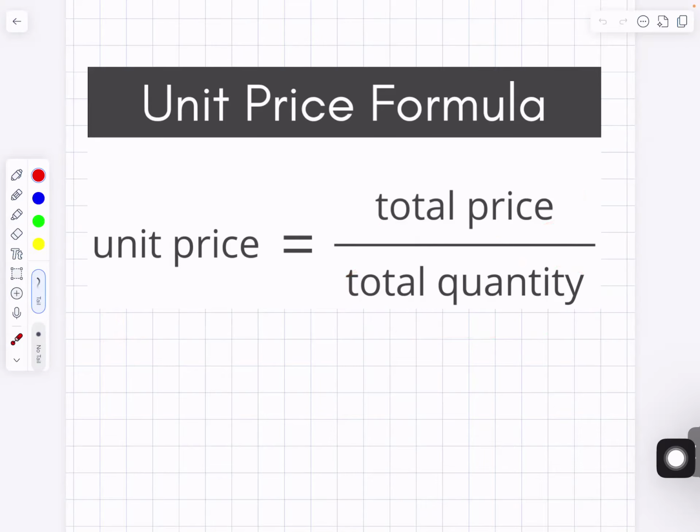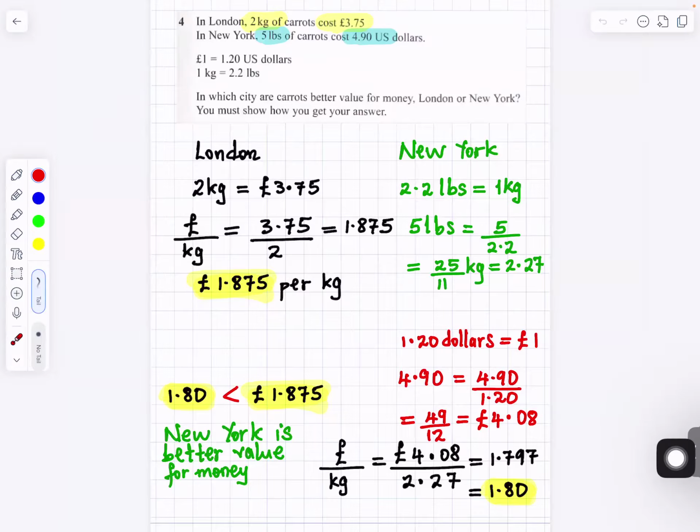It will give you the price of 1 item. So if you buy 20 pairs of shoes and the total price is £200, it would be 200 divided by 20, and you get the price for 1 pair. Always find the price for 1 and then you compare them. So that's the plan we're going to have here.